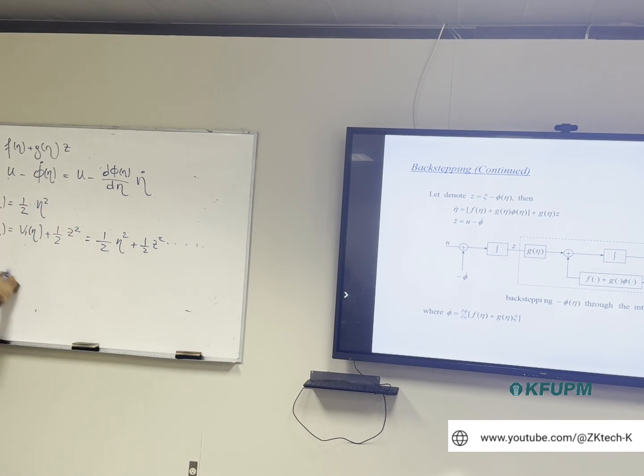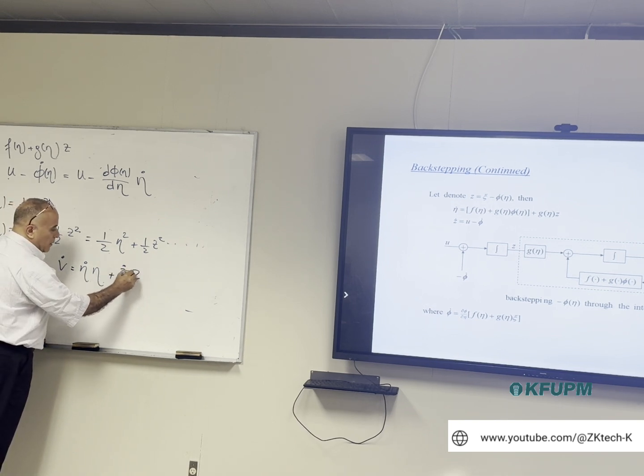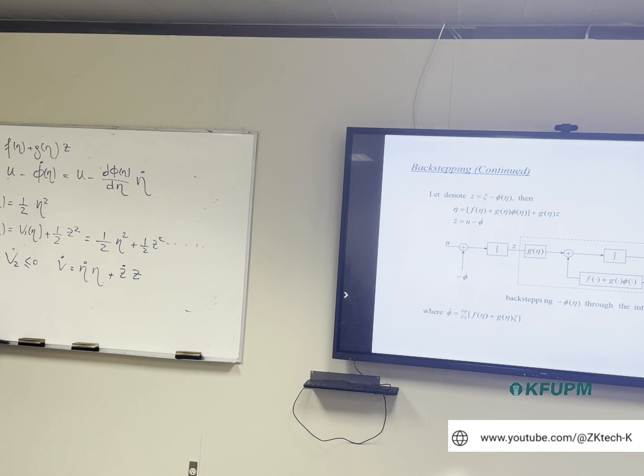So if we apply the same rule, we say the system is stable if v prime is negative. Then I'm going to take v prime. V prime will be equal to eta prime times eta plus z prime multiplied by z.